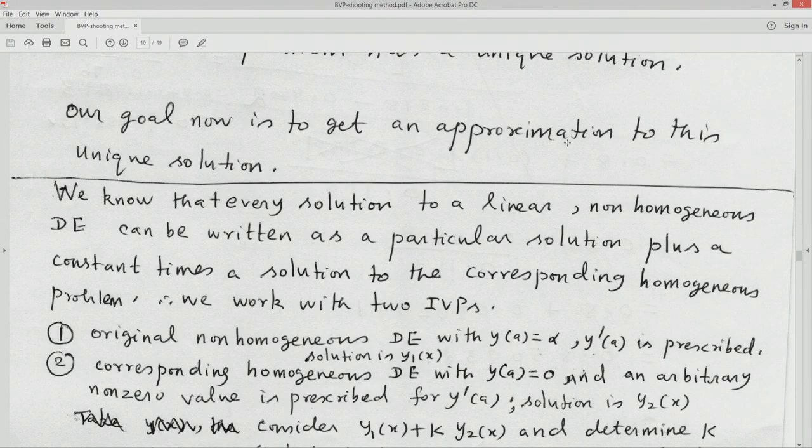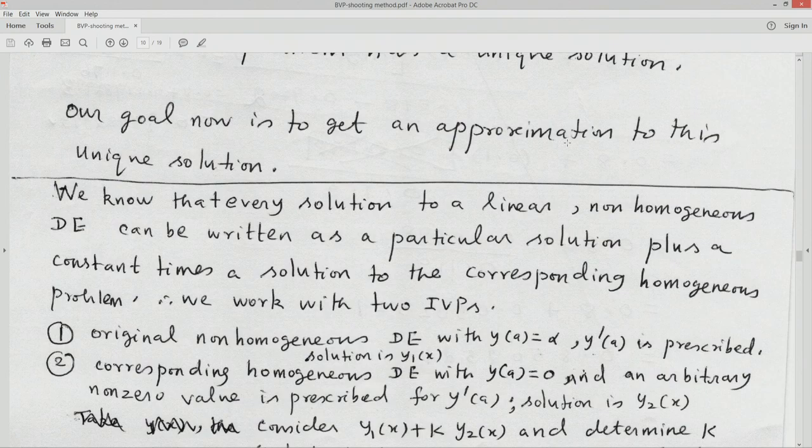How do we do this? We know that every solution to a linear non-homogeneous differential equation can be written as a particular solution plus constant times a solution to the corresponding homogeneous problem.